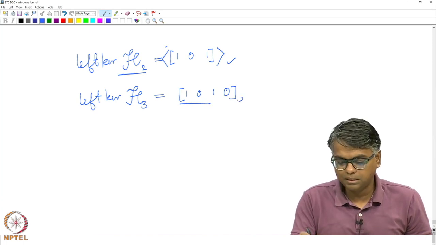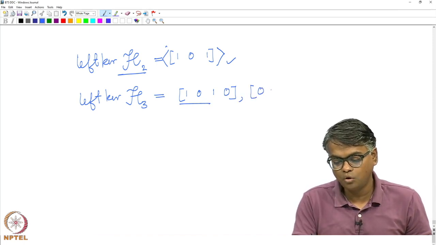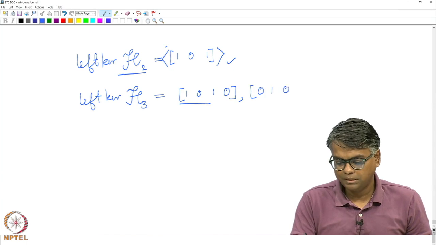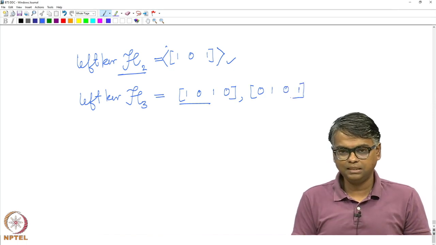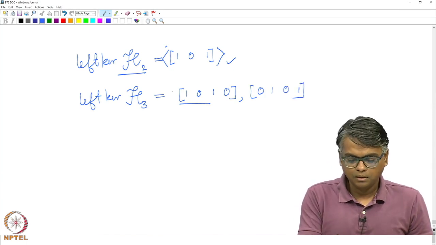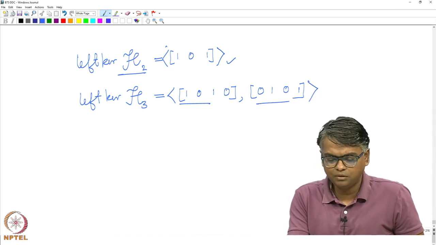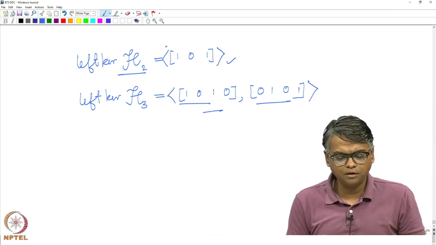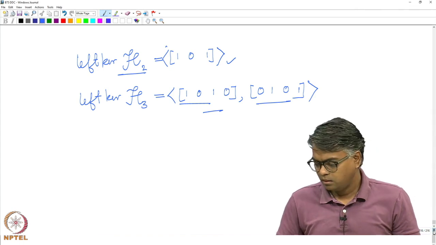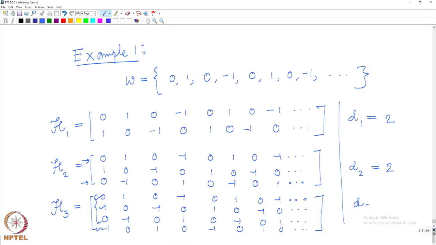But apart from this, I also know that the second row and the fourth row, their sum is also equal to 0. So, that is it, this is the one, correct, and that is it. These two are linearly independent. So, the dimension of left kernel of H 3 is equal to 2. Therefore, this will also turn out to be equal to 2.